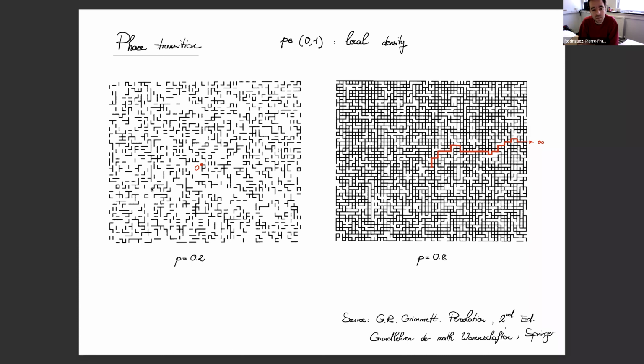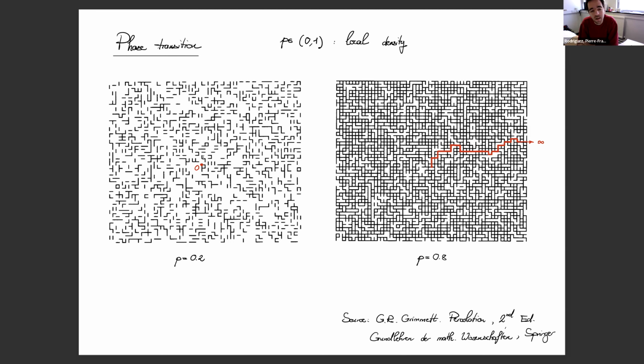What you see in this picture, and in both of these actually, is the simplest local rule of all, which is basically just independently for every edge. Here it's the edges comprising the square lattice.